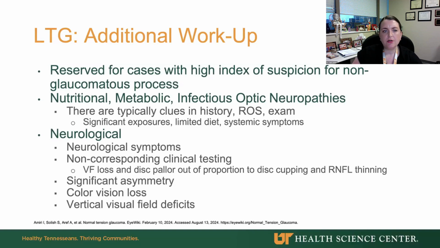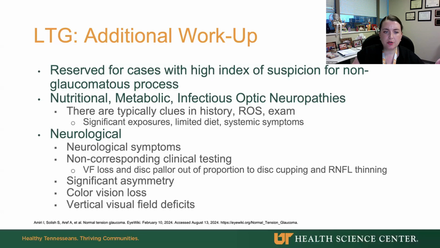And so you're going to pick up on a history of exposures, limited diet, systemic symptoms, which can include neurological symptoms, et cetera. And again, if you're thinking of a CNS lesion or a compressive cause of optic neuropathy, many times these patients can have some neurological symptoms.